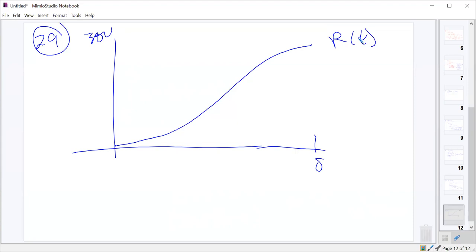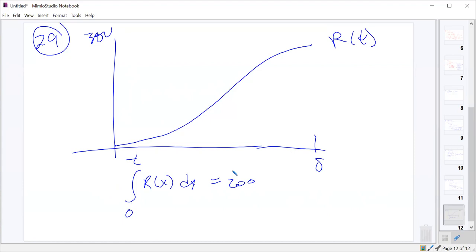So we just want to know when the integral from 0 to some t value of our rate function equals 200. We have to look at that and estimate about when the area underneath will have reached about 200.